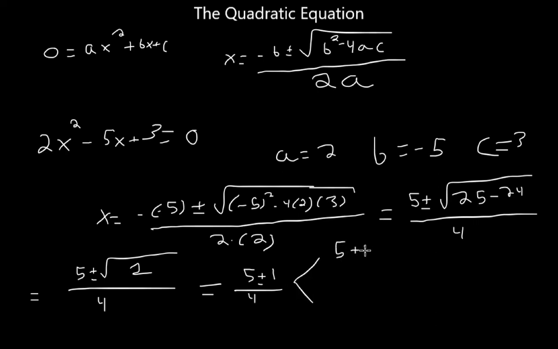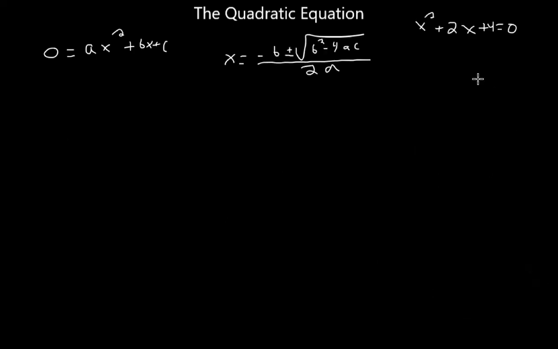One is 5 plus 1 over 4, and the other is 5 minus 1 over 4. This one is equal to 6/4, which is also 3/2. And this one is equal to 1. So our two solutions are x equals 3/2 and x equals 1.